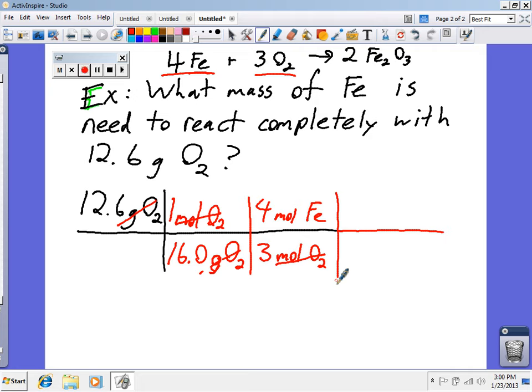The problem didn't ask me for moles of iron, it asked me for mass of iron. So we've got to last convert from moles of iron into mass of iron. So 1 mole of iron is equal to the molar mass of iron, which is 55.8 grams.